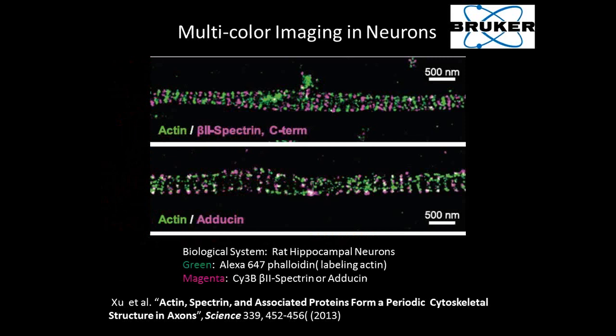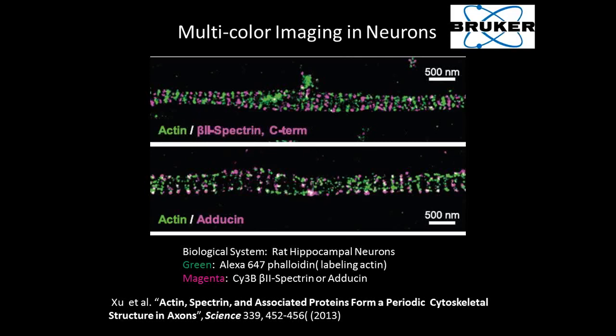So the final application that I want to talk about is imaging in neurons. That's something a lot of people want to do, and this is a really great publication from Xiaohui Zhuang's lab where they were looking at actin and different actin adapter proteins.